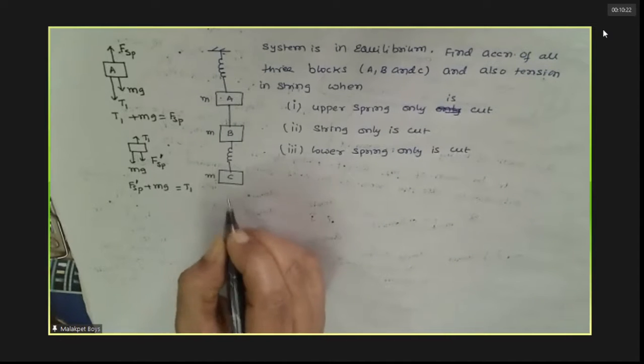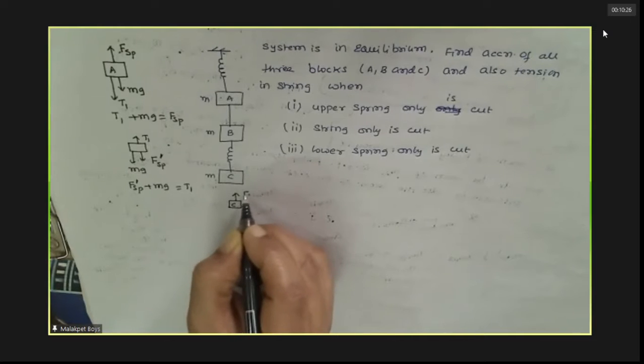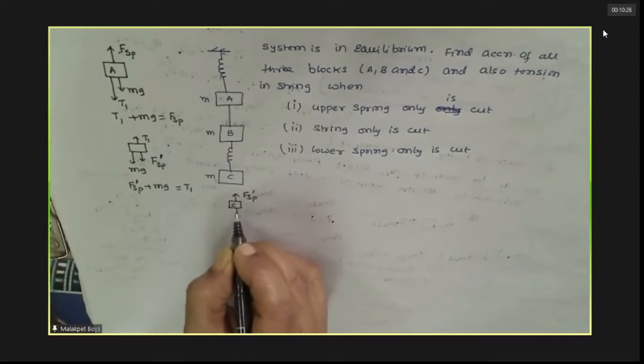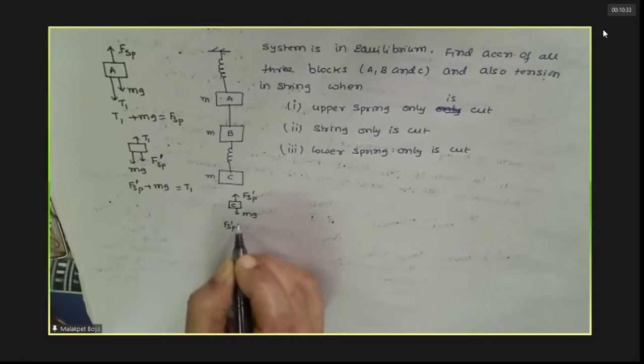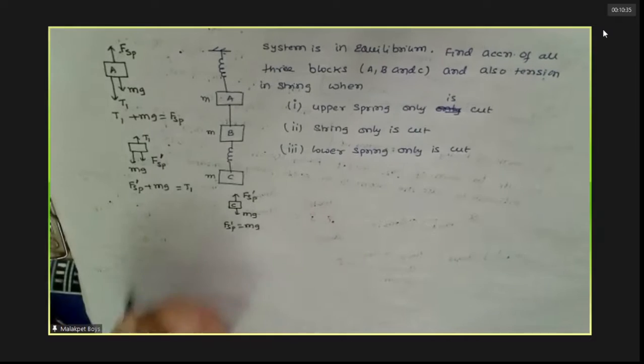This is again C. So you have SP dash equals mg. Correct.